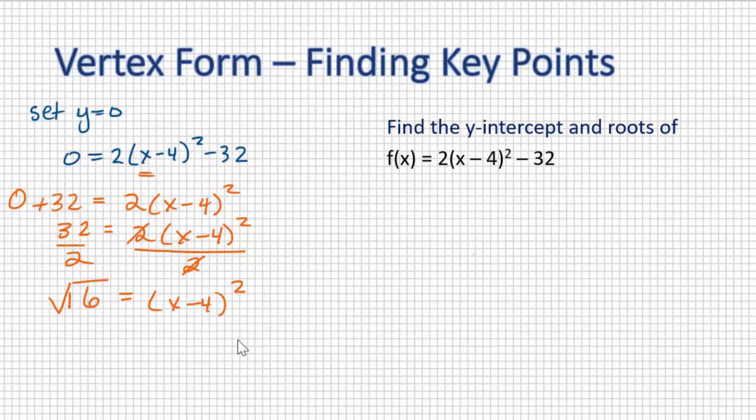The square root of the left-hand side and the square root of the right-hand side. On the right-hand side, this leaves us with x minus 4. On the left-hand side, the square root of 16 is 4. To explicitly consider two answers, we're going to write down the fact that both positive 4 and negative 4 are solutions to the question, what is the square root of 16?